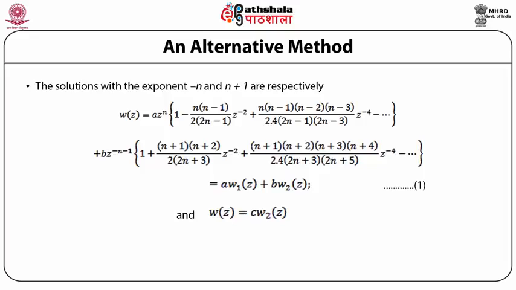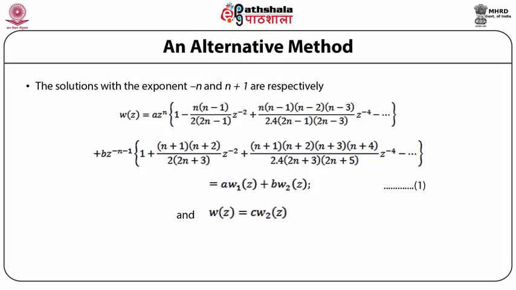power minus n minus 1 multiplied by within the brackets 1 plus n plus 1 into n plus 2 into z raised to power minus 2 divided by 2 into 2n plus 3 plus n plus 1 into n plus 2 into n plus 3 into n plus 4 into z raised to power minus 4 divided by 2 into 4 into 2n plus 3 into 2n plus 5 minus and continues so on.